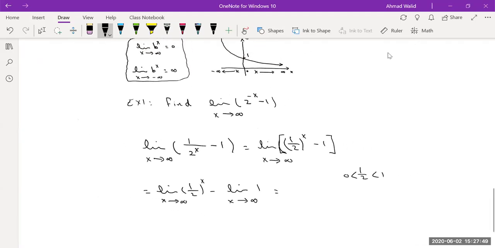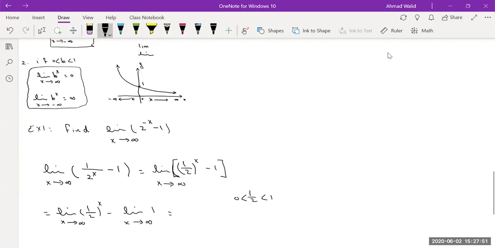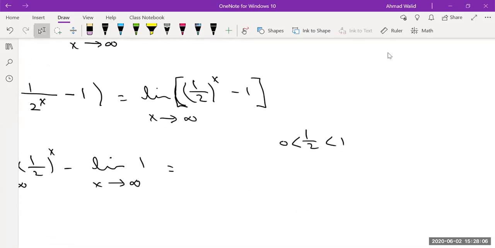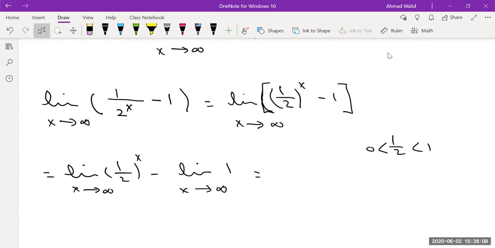If I check my 4 rules, when b is less than 1 and greater than 0 and x approaching infinity, your limit becomes 0, right? Now this part becomes 0.